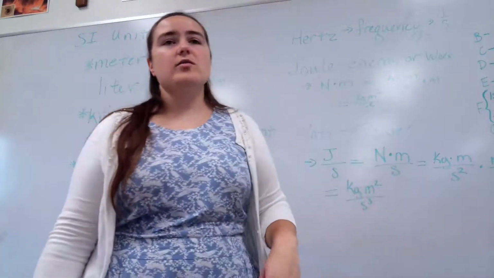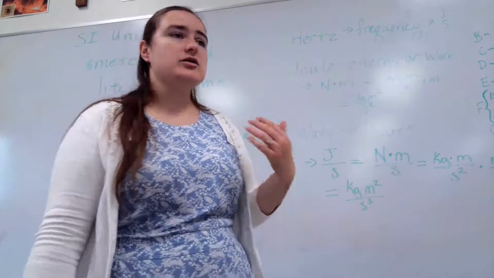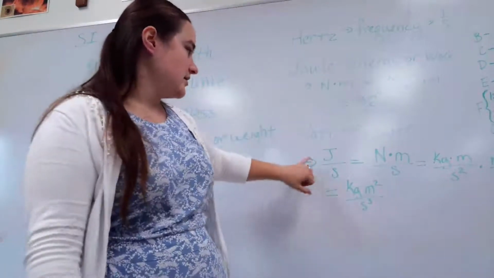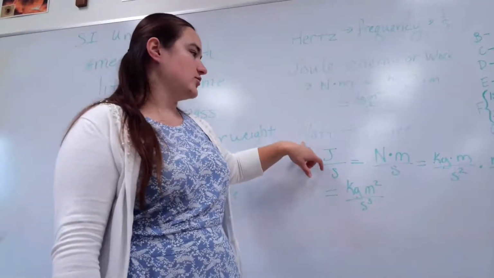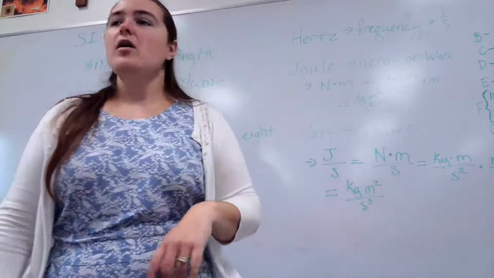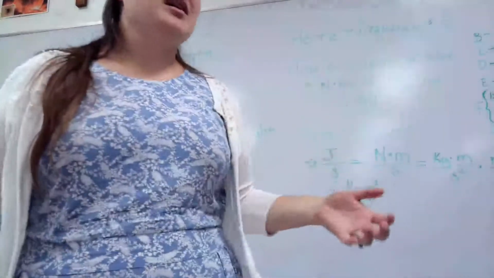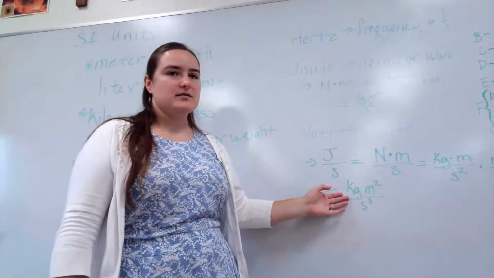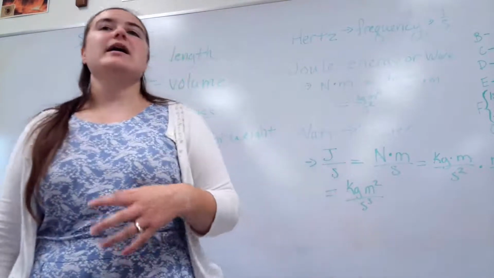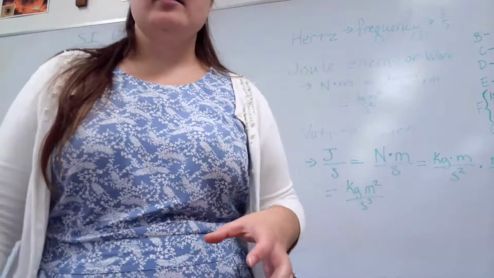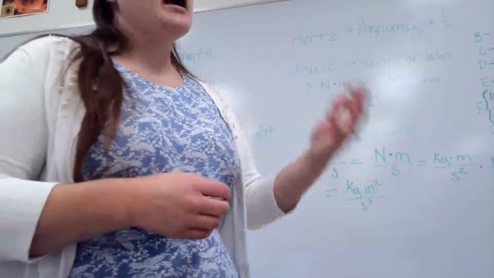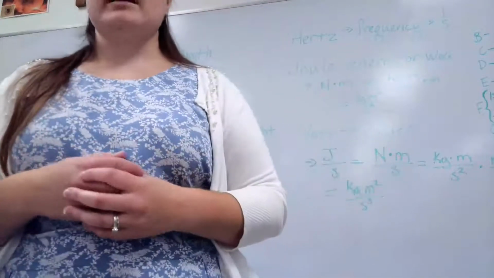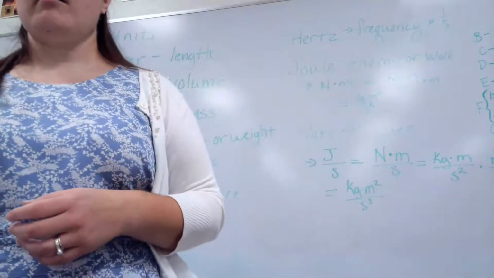Or maybe you started with energy per second, then you would have this, which would tell you watts, okay? Or maybe you started with everything in base units, and that's when you're going to end up with this, okay? I want you to be able to identify whether that thing is energy or force or length or anything like that. Does that make sense?